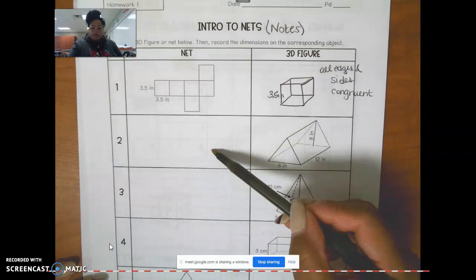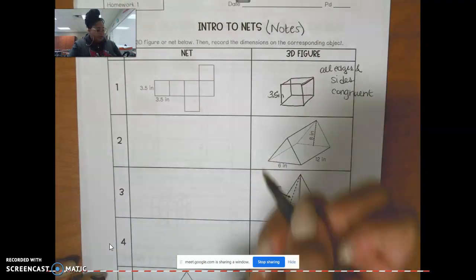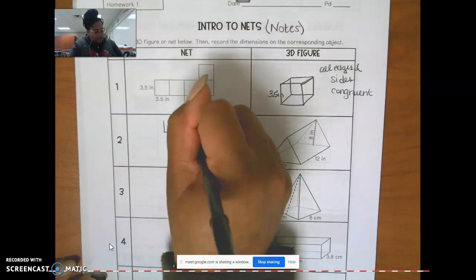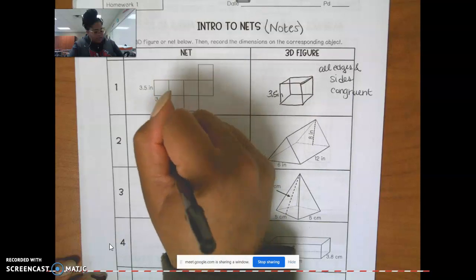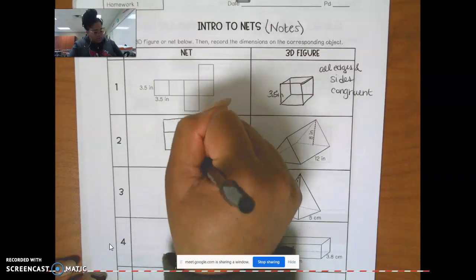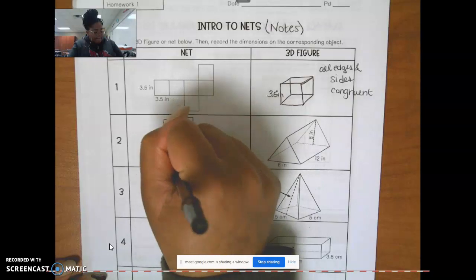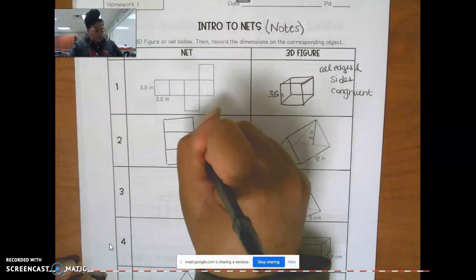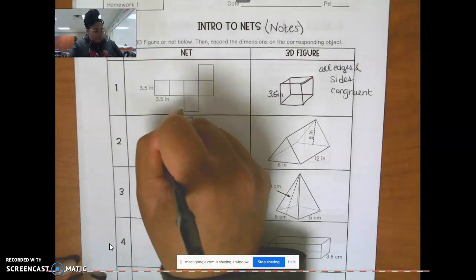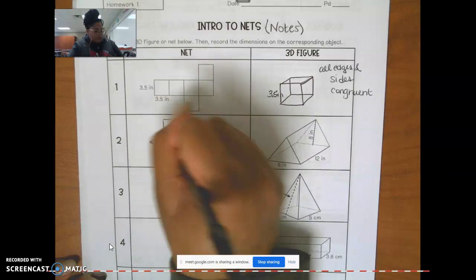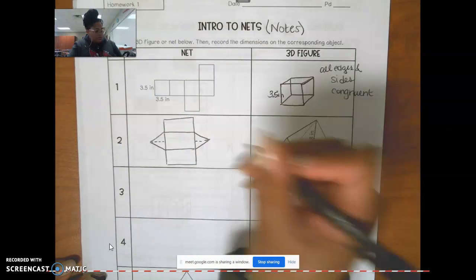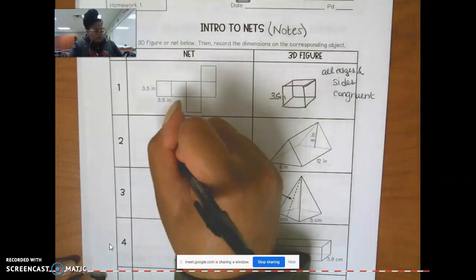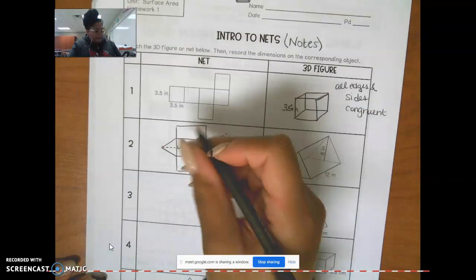Okay, down here, this is a triangular prism. So I need 3 rectangles, and 2 triangles on the opposing sides. Eight, 6, and 12.